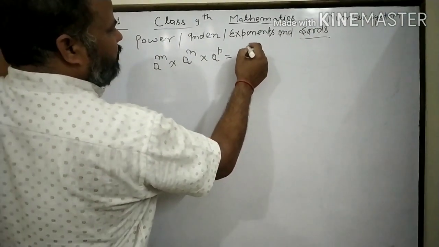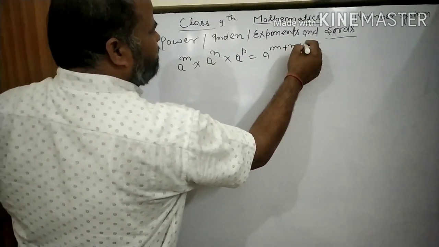Then it will be a to the power m plus n plus p. Clear?